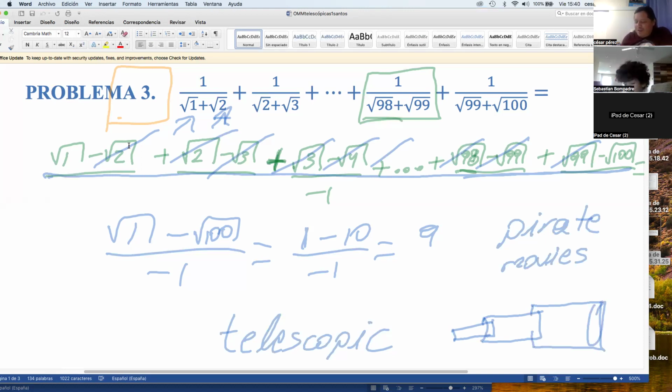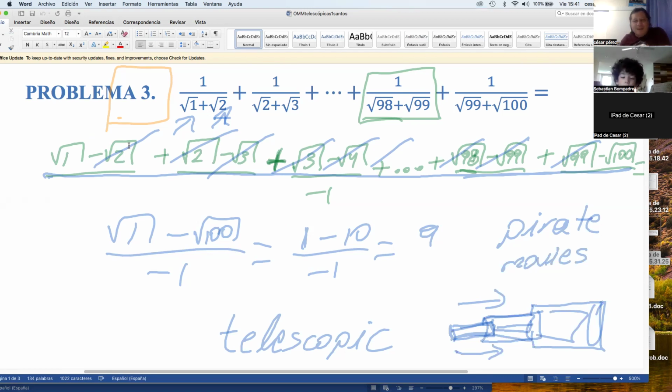So when they push, this part of the telescope fits in this part and this part in this part.